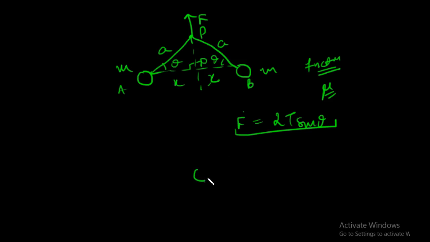Now only change occurs over here. You see, at this point A, this is the mass and this is the tension T pulling here. The component of T, one will be like this horizontally, this would be T cos theta, other would be the vertical component T sin theta.